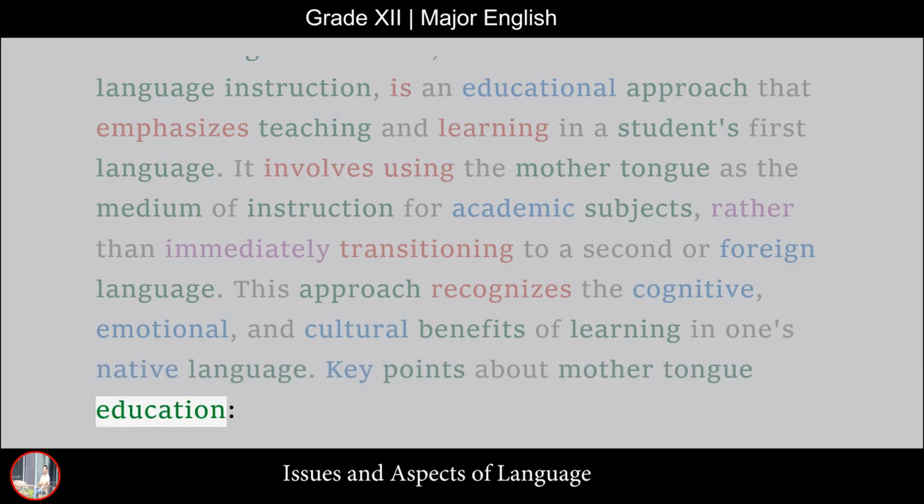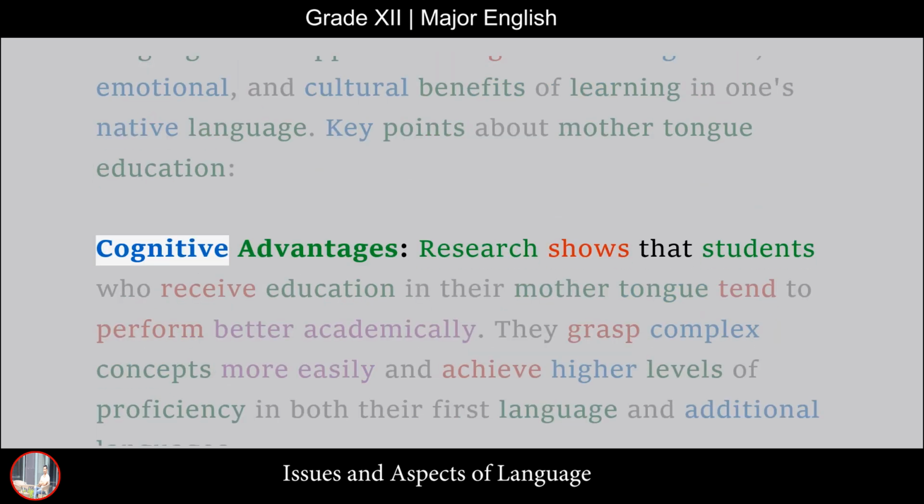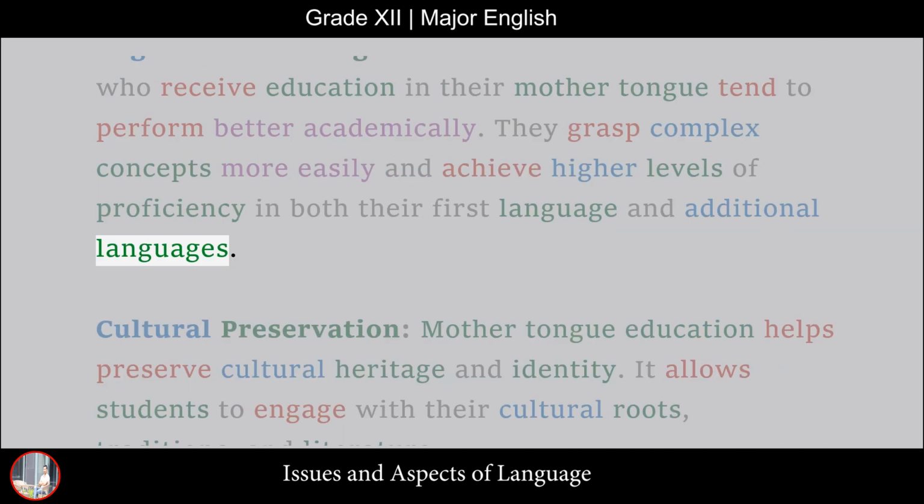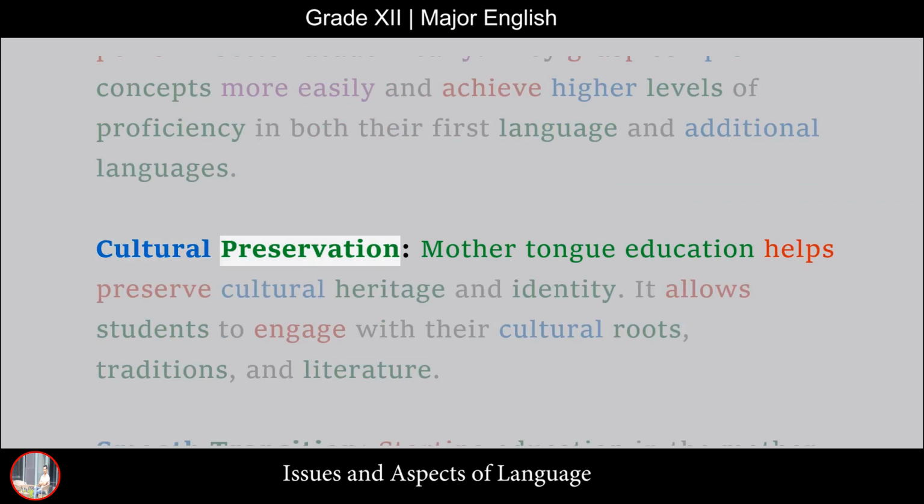Key points about mother tongue education. Cognitive advantages. Research shows that students who receive education in their mother tongue tend to perform better academically. They grasp complex concepts more easily and achieve higher levels of proficiency in both their first language and additional languages. Cultural preservation.